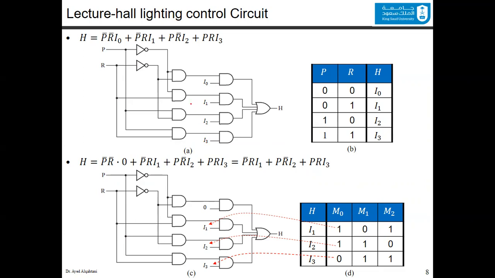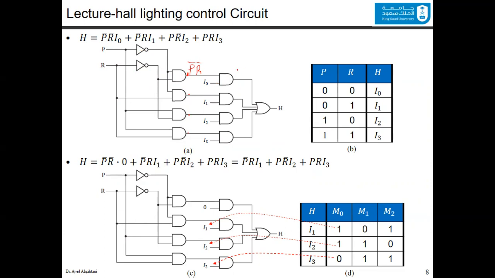And you can simply get all the min terms here after those ANDs by applying the input P and R. For example, the first min term will be P bar and R bar. So this is going to be the first min term. And we will AND it with the mode I0.